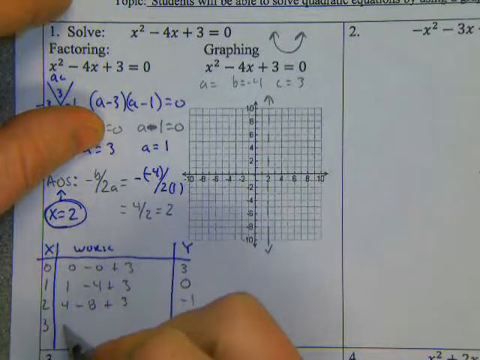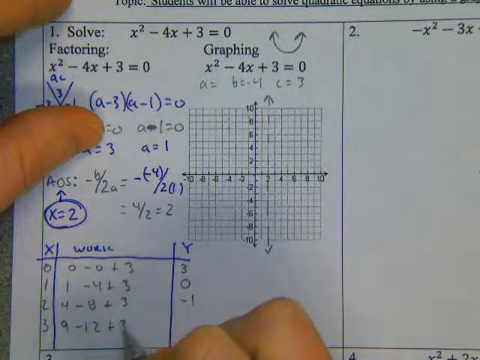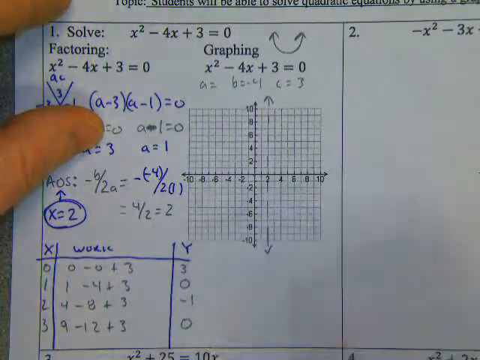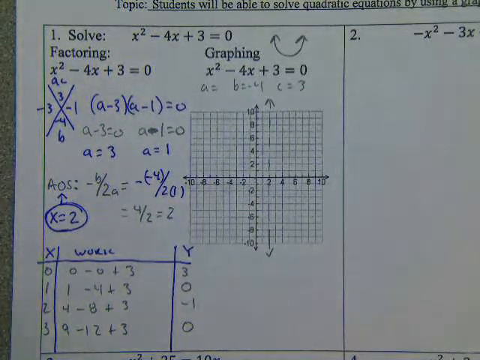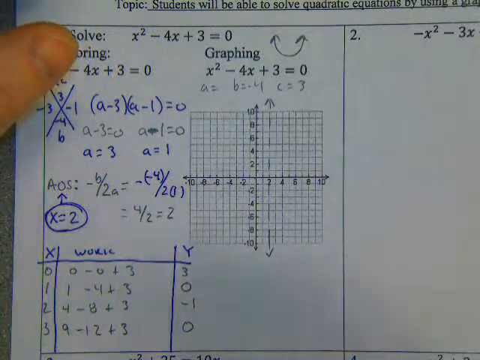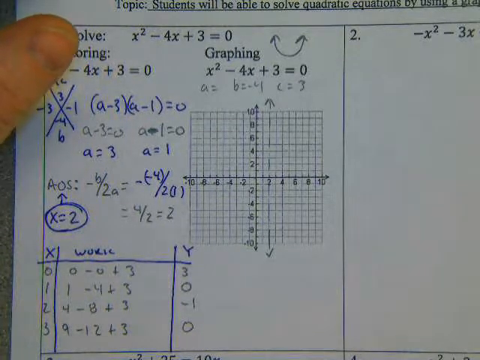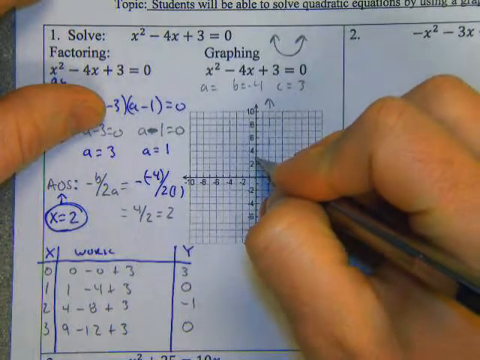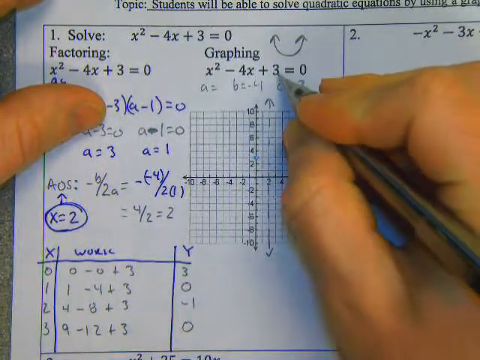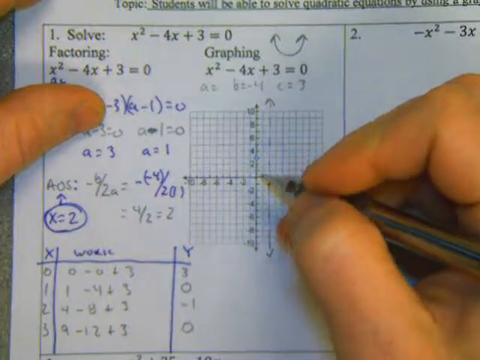And put 3 in, 9 minus 12 plus 3. Okay, so I've got my points. I have enough to get the vertex, and I'll graph it first and then hopefully remember to come back and get it. So 0 and 3 right there, and that's also C, so again more evidence.